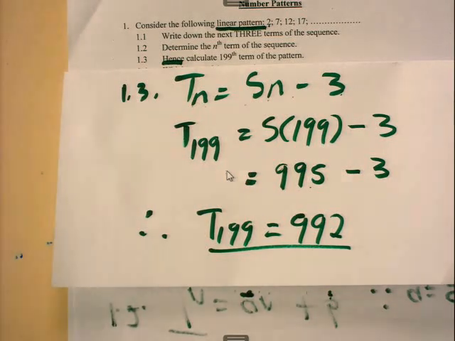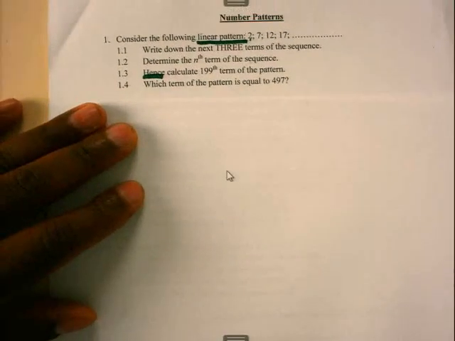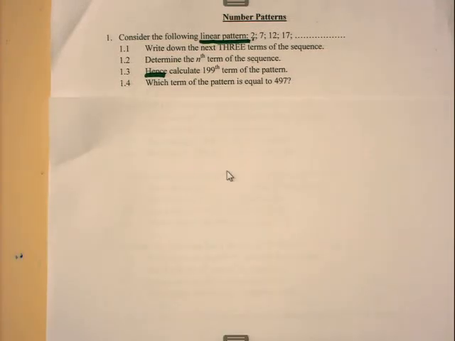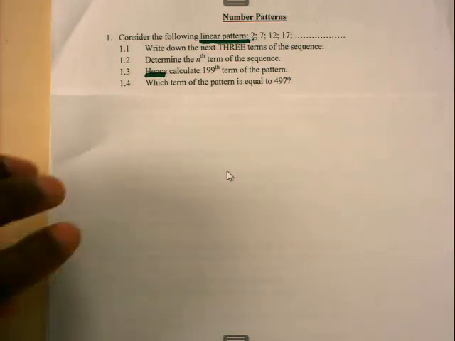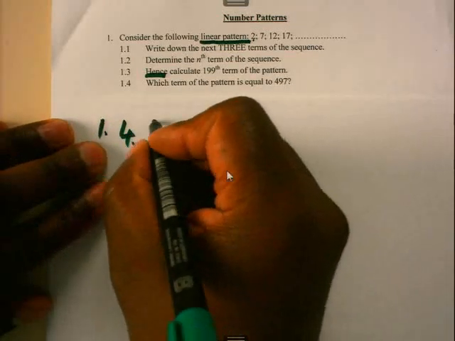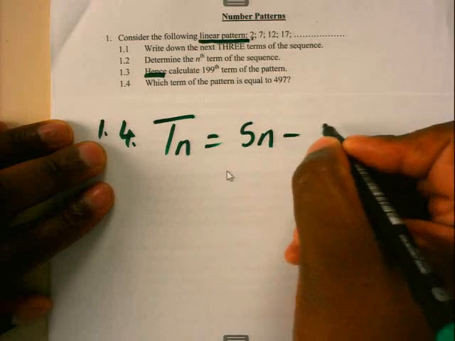Let's check 1.4. Which term of the pattern is equal to 497? Remember, we've got our nth term from 1.2, which is 5n minus 3.